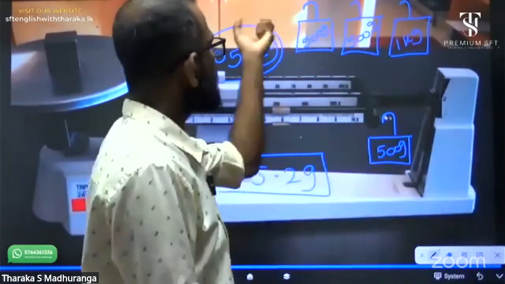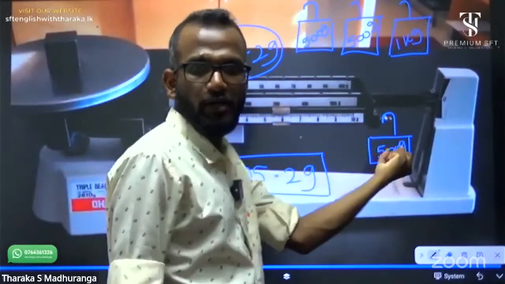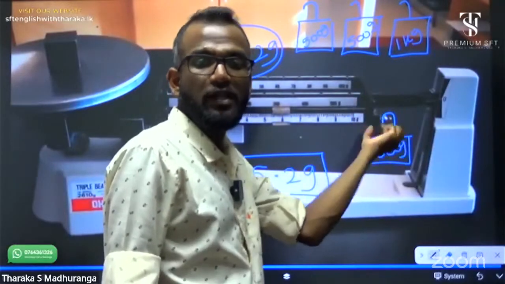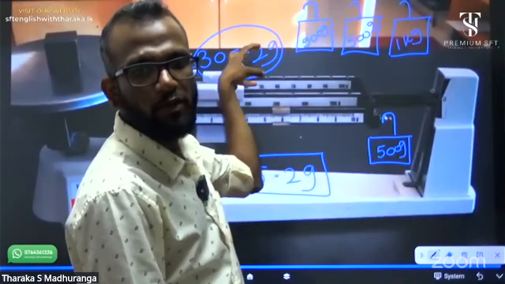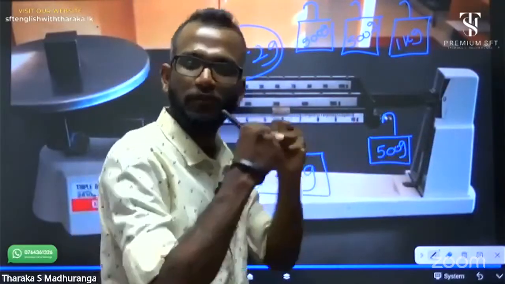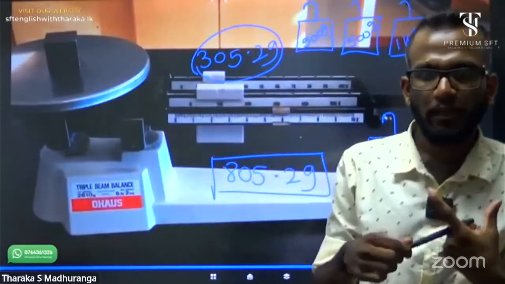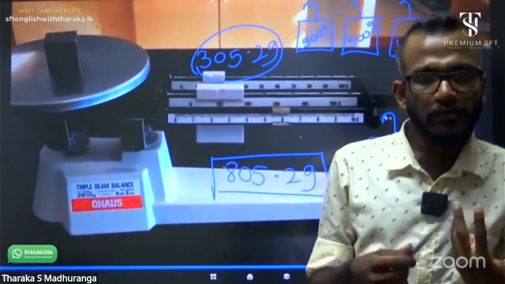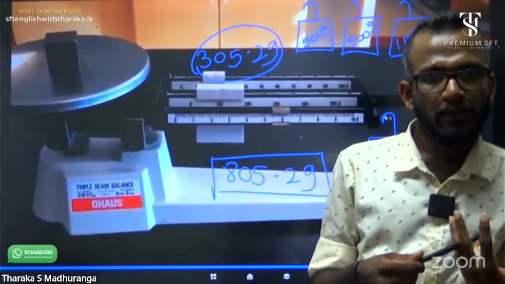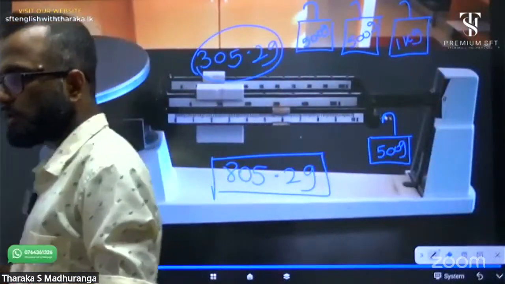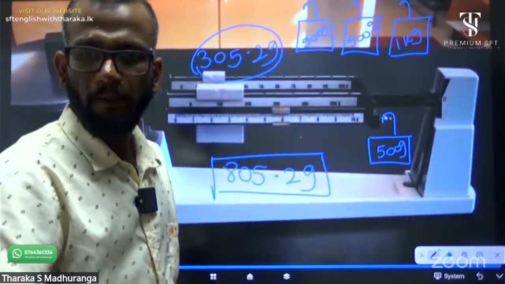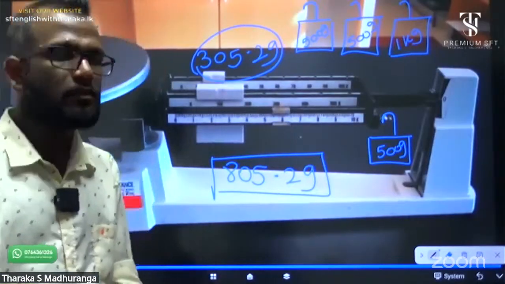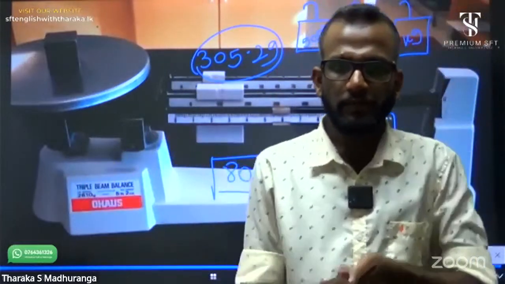Then you should know 305.2 means you have already placed 500 on the extra bar holder. Therefore, 305.2 plus 500 grams is the final value. Understood? Okay, that's it.